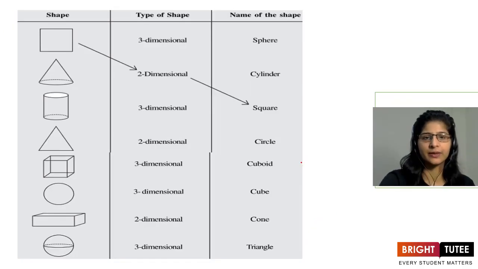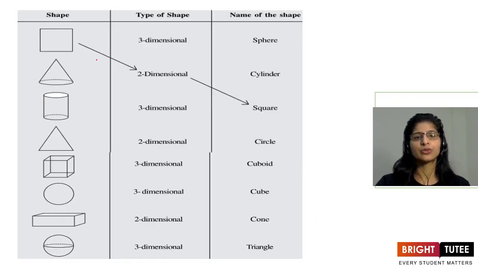Now we have to tell what kind of shape it is, whether it is two-dimensional or three-dimensional, and we have to tell the name also. One example is done for you, like this you have to match. This is a two-dimensional and square it is. The next you see is a cone.